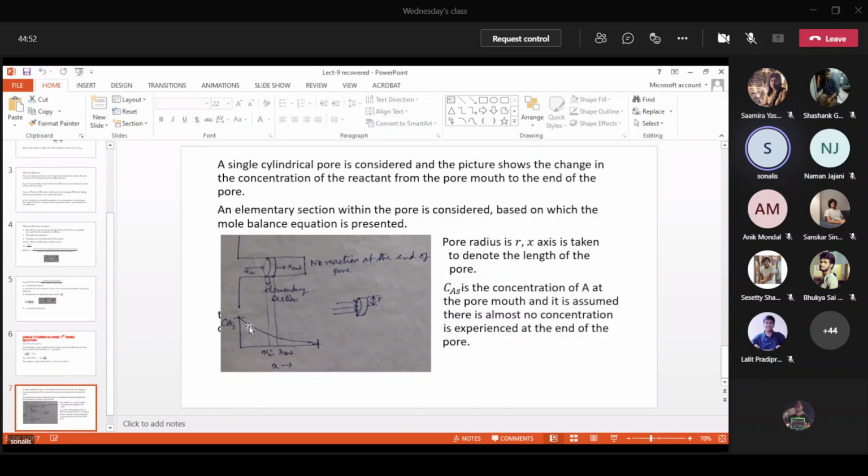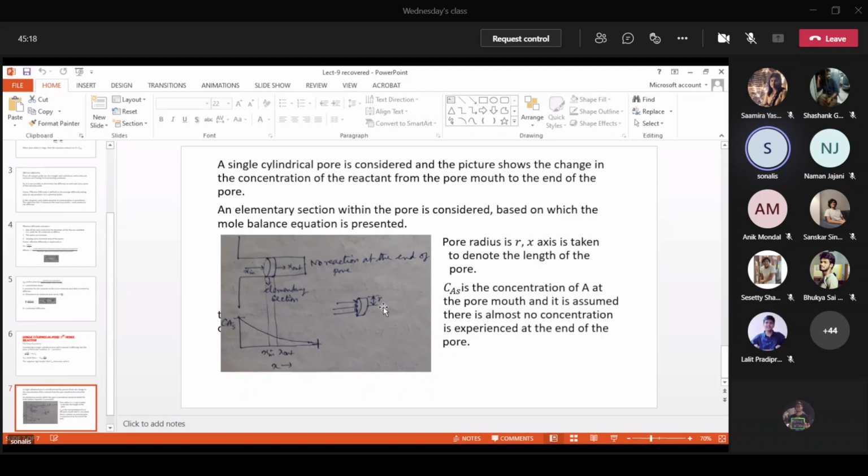And this is the elementary section where X in and X out are the mole fractions, along the x direction, and this is the small elementary section having a radius r. So considering a single cylindrical pore with reactant A diffusing into the pore, a first order reaction A to product, say, this is the simple reaction.